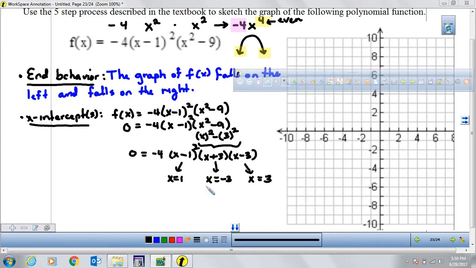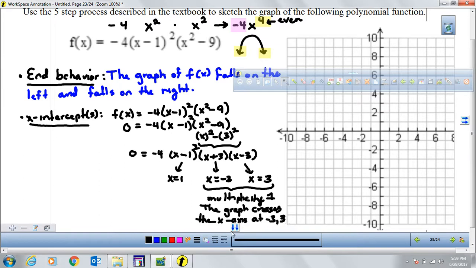What does that mean? Both of these zeros have a multiplicity of 1, which is an odd multiplicity. And anytime we have an odd multiplicity, the graph crosses the x-axis at negative 3 and 3.